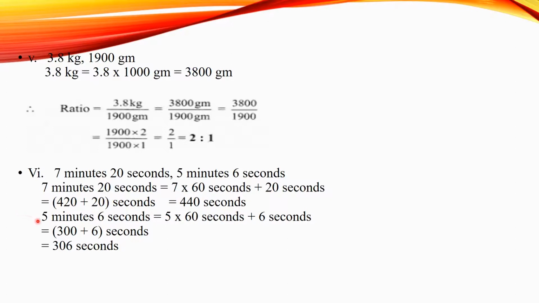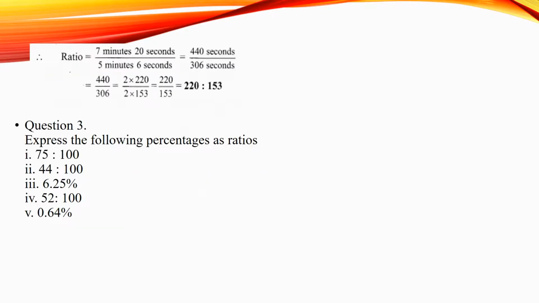Now the second term, 5 minutes 6 seconds, can be written as 5 multiplied by 60 seconds plus 6 seconds. So that will be equal to 300 plus 6 seconds, which is equal to 306 seconds. Now taking the ratio, we get 7 minutes 20 seconds upon 5 minutes 6 seconds is equal to 440 seconds upon 306 seconds.